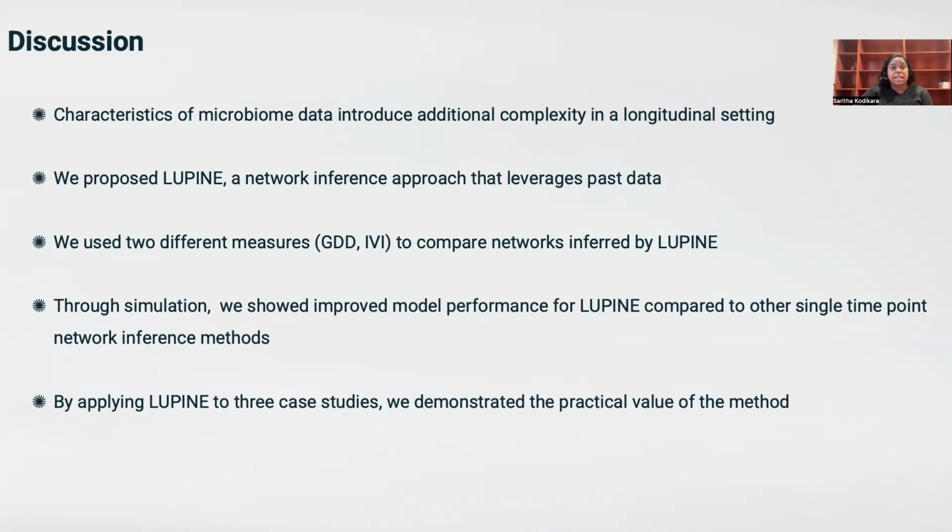GDD looks at globally how the networks compare to each other, whereas IVI looks at the node-wise influence and how it compares across different networks. And through simulation, we showed that Lupine does a good job compared to single time point methods. We also applied Lupine to 3 case studies, and we demonstrated that we can extract meaningful information from this approach.